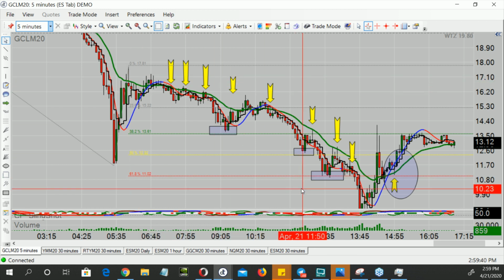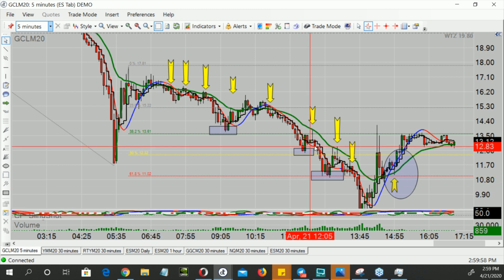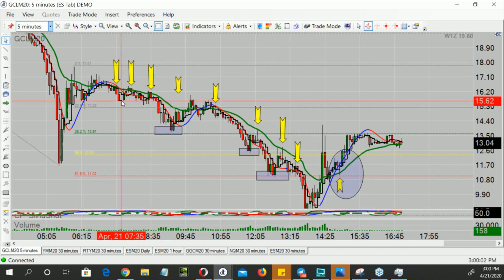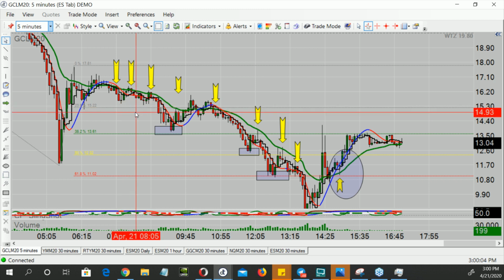to be short crude. And you might say, well, it's pretty hard not to make money shorting crude today. Well, honestly, I've talked to a few people today who did nothing but short crude, and they lost money. Well, how's that even possible? Well, if you enter short right here, you're going to get stopped out.